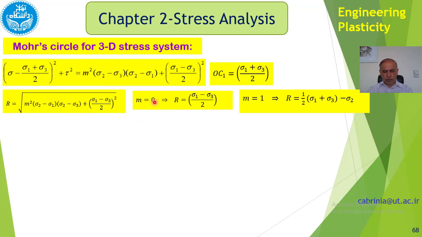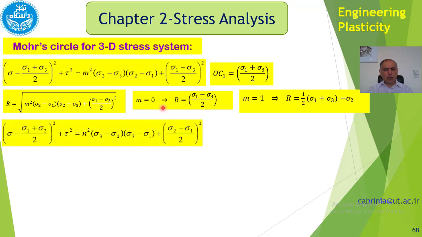Okay, so this is for one set of circles, and as the circles change, the radius changes. I will show you how these circles change in a bit. And you can see here also for n squared we get this relationship. All these relationships we got from the previous slide where we had the l squared, m squared, n squared relationships.